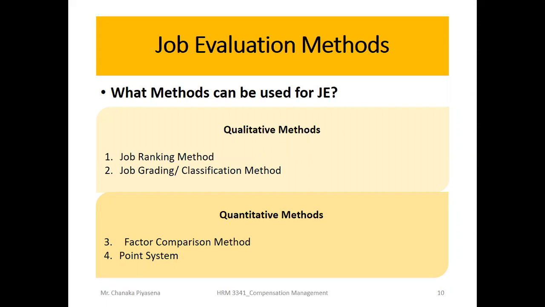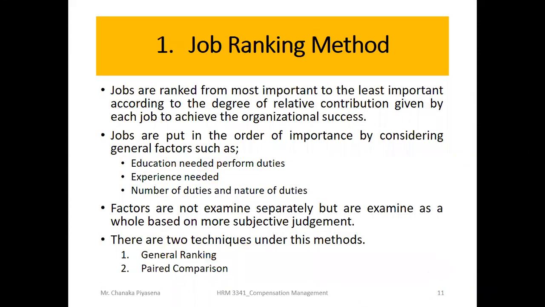Under the qualitative methods, there are two techniques: job ranking and job grading or classification. Quantitative methods: the factor comparison method and the point system. Altogether, we have four options. When we are going to do job evaluation, there are four methods we can use to identify the relative worth of the jobs. It may be qualitative or quantitative. The first method is the job ranking method.